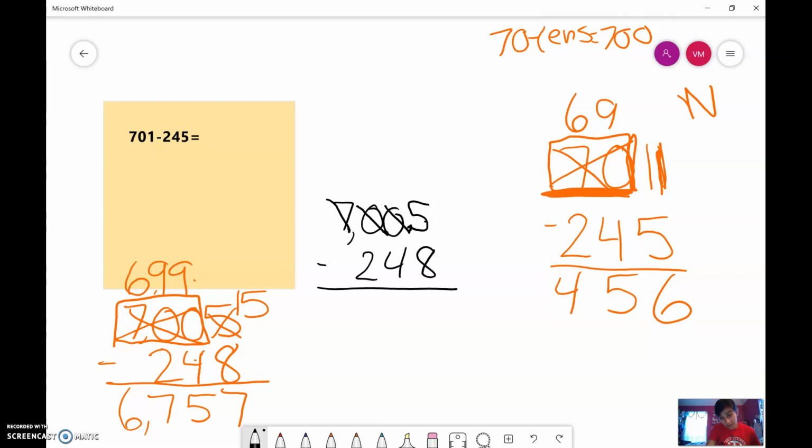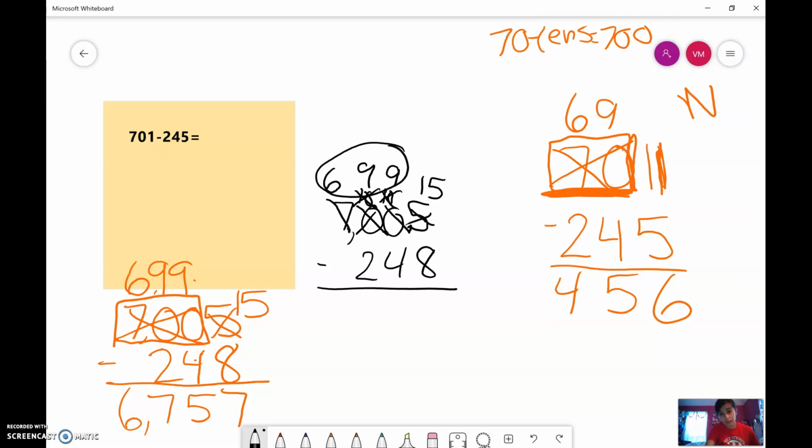I finally got to the thousands, and I have 6,000. After I have 6,000, I notice I need to regroup into 10 hundreds. After I get 10 hundreds, I remember I need to regroup one of the hundreds into tens. I finally have 10 tens, but then I still remember I need to regroup one of the tens into ones, leaving 9 tens, so I can have 15 ones.